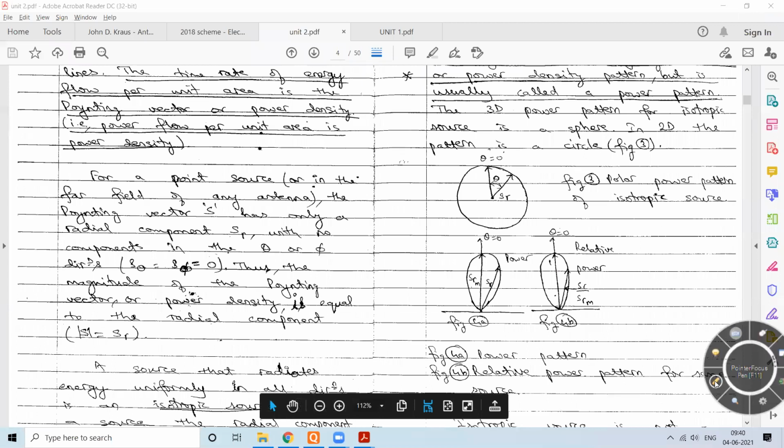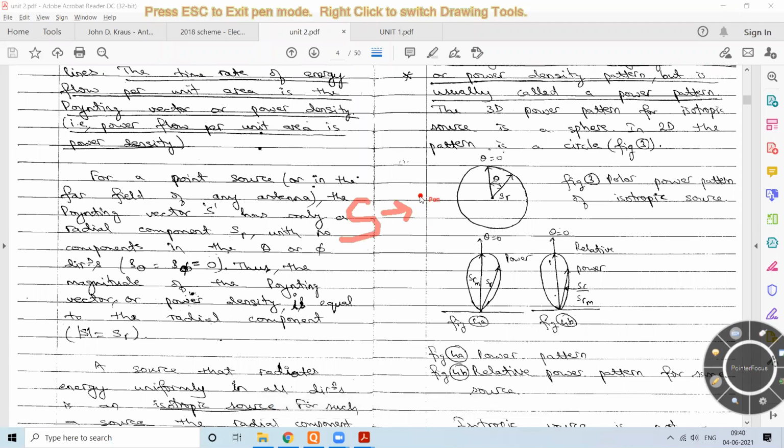When I'm plotting these things, as we have seen, the power density is power flow per unit area, which has the SI unit of watt per meter square.